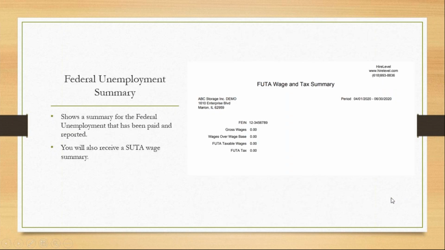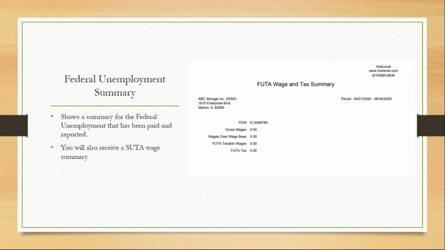You will also receive the Federal Unemployment Summary, also oftentimes referred to as FUTA. This shows the summary of the federal unemployment that's been paid and reported. And then you'll also receive a SUTA wage summary, which is your state unemployment summary.